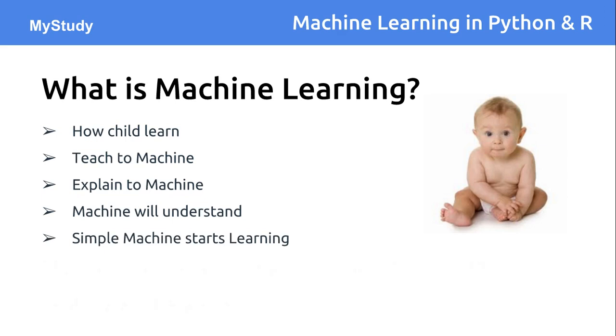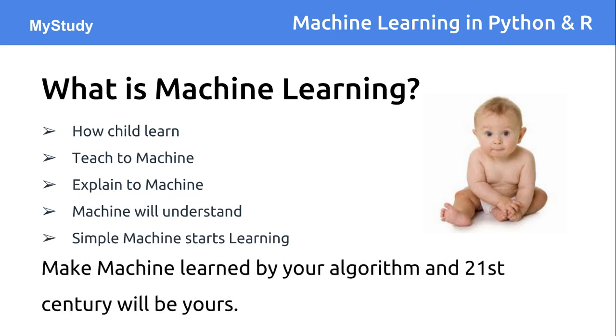At last, I want to give you a very good impression: make machines learn with your algorithms, and the 21st century will be yours, because every single application you are using currently will anyhow incorporate a machine learning component, now and definitely in the future. So you need to decide whether you want to be a part of this community or not. Machine will start learning.